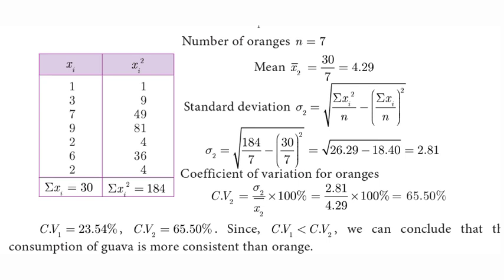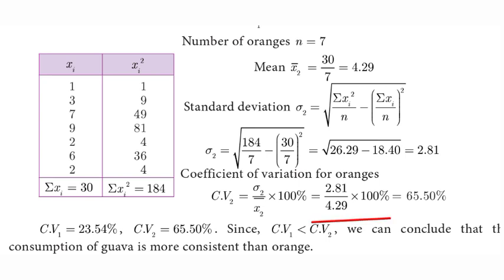Therefore standard deviation sigma 2 equals 2.81. Now find the coefficient of variation for oranges. CV2 formula equals sigma 2 divided by x2 bar into 100 percentage. Sigma 2 value is 2.81 divided by x2 bar value 4.29, into 100.